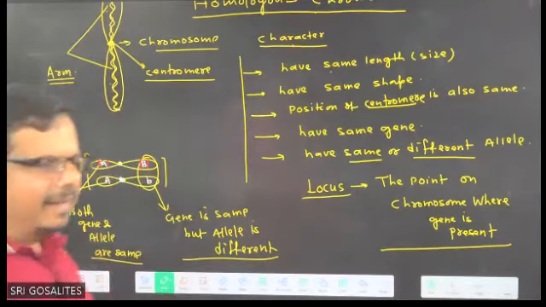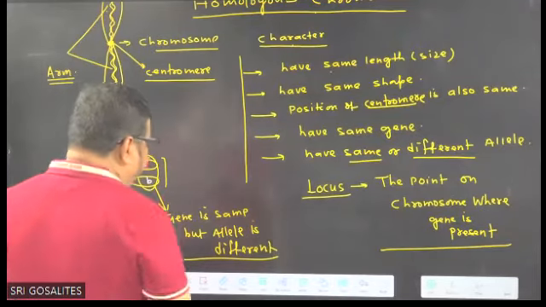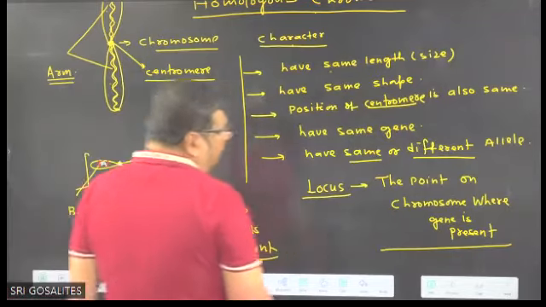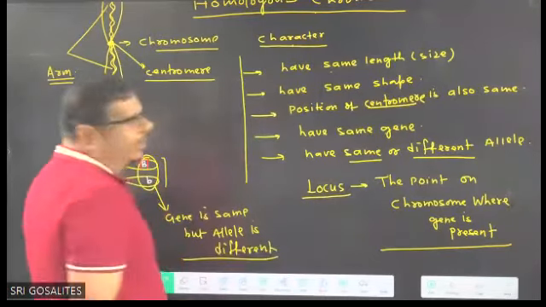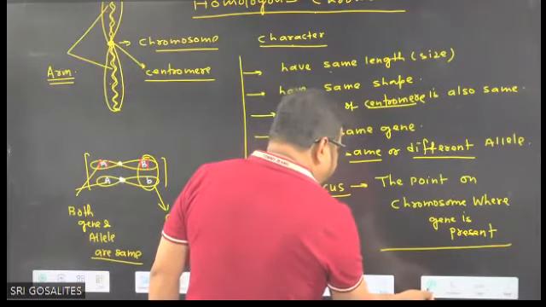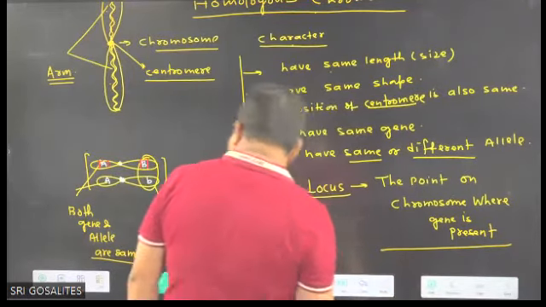Different. And locus is what? Locus is the point on the chromosome where a gene is present. It's called locus. I am drawing a somewhat better diagram of the DNA. Have a look.